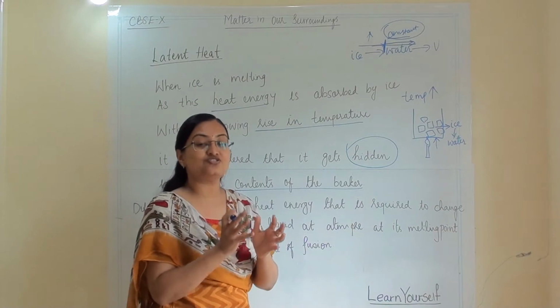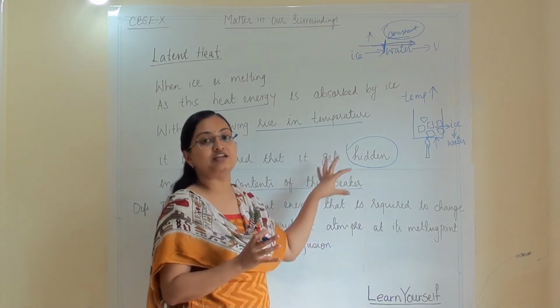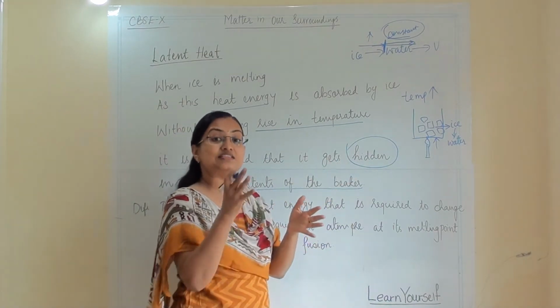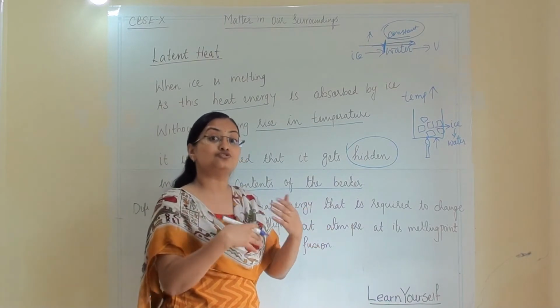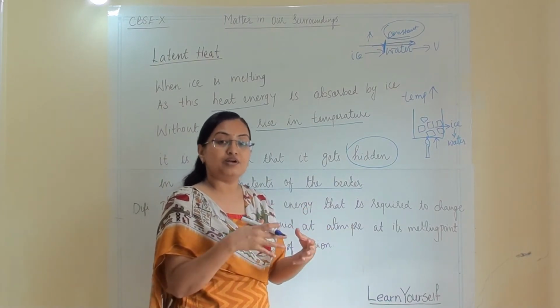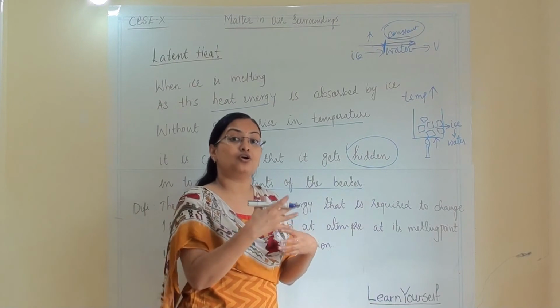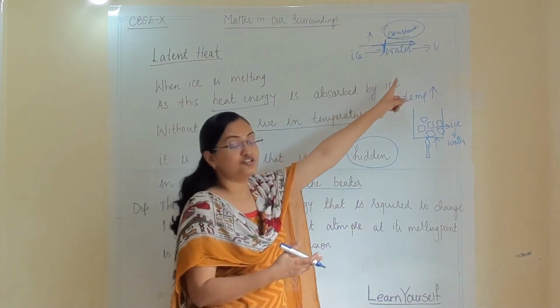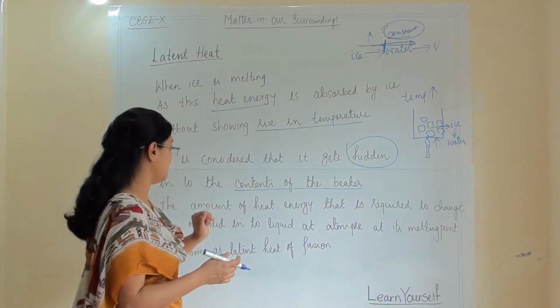At this stage we are talking about this hidden energy, because ice is still converting into water, so it is utilizing that energy, and that's why we cannot see any change in the temperature.